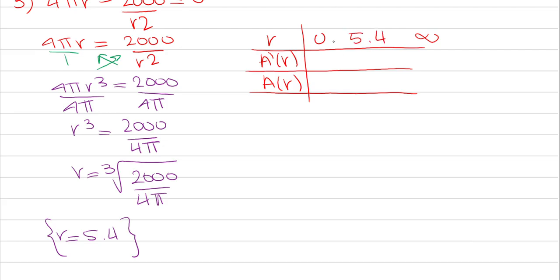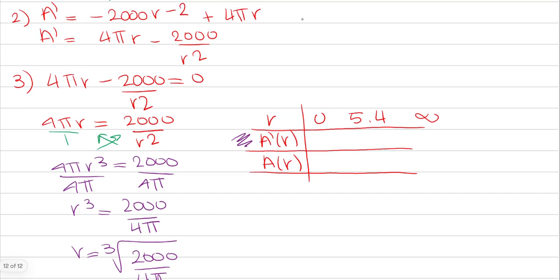When I substitute a value here, let's say I take the purple for A prime of r, which I found was 4 pi r minus 2000 over r squared. When I substitute any value between 0 and 5.4, let's say I take 2, I'm going to get a negative number. And when I substitute any number between 5.4 and infinity, I'm going to get a positive number.